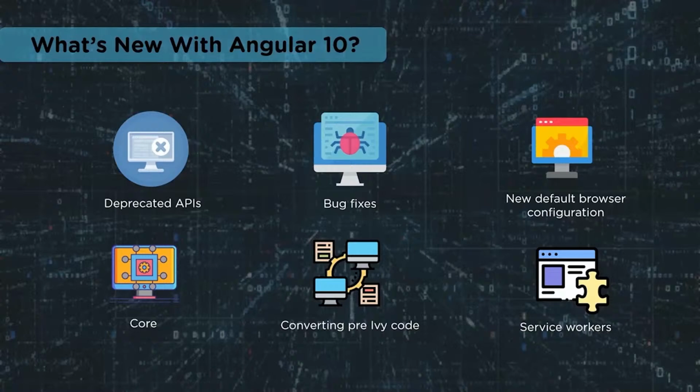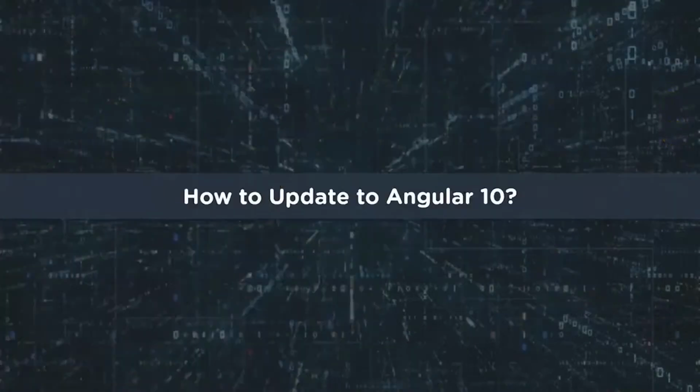Well, if you've worked extensively with Angular over the past couple of years and have now updated to the new version, then these improvements are way more visible. So for the ones who haven't updated, let me tell you how to update to Angular 10. Now you can go back to your command prompt and here run the command ng update @angular/cli and @angular/core.